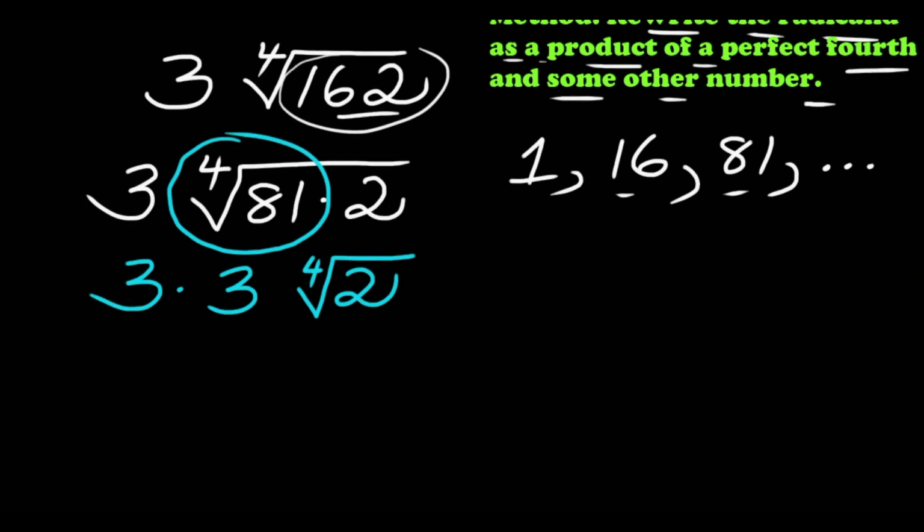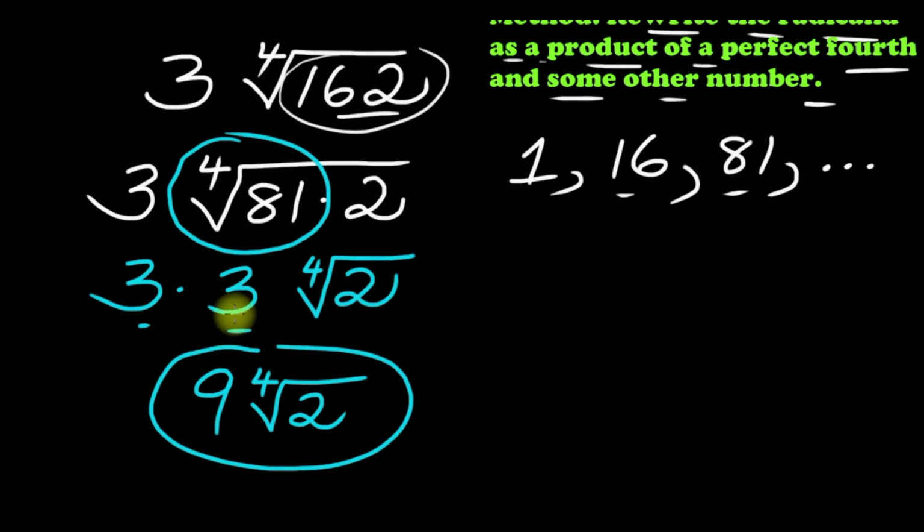Now we can multiply the 3 with the 3, and that's going to give us 9. And the fourth root of 2, we don't know, so we're just going to leave it alone. So this is your final answer. When you simplify 3 times the fourth root of 162, you get 9 times the fourth root of 2.